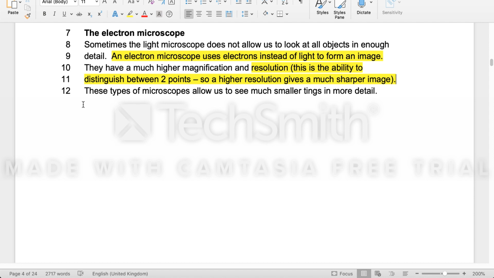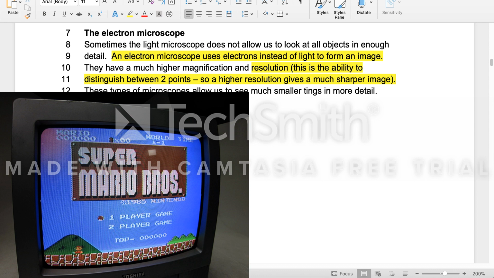The best way that I explain this to my students is with TVs. Resolution is basically how well you can see a clear image. If you compare TVs from 20 years ago to the TVs that we have today, the images and videos from 20 years ago are very, very grainy.